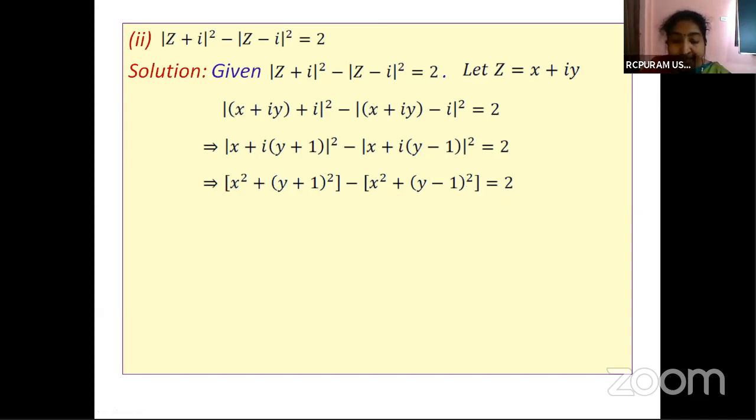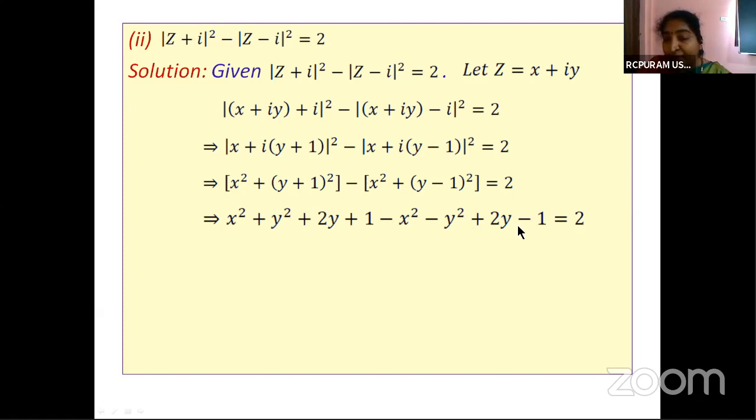We will expand this. Now, x square plus y plus 1 whole square is x square plus y square plus 2y plus 1. Then you have minus x square plus y minus 1 whole square, with the minus sign outside. So you have minus y square plus 2y minus 1, is equal to 2.